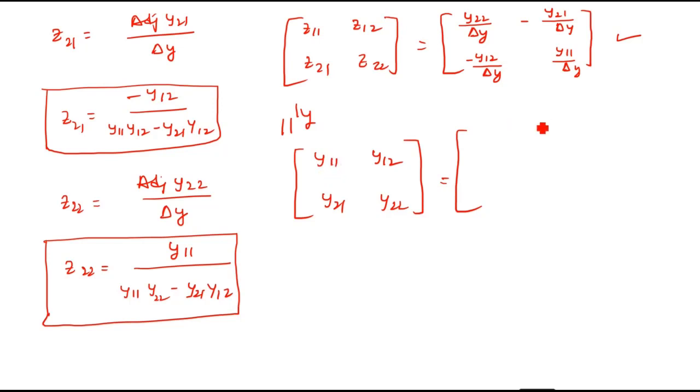The expression for Y11 is Z22 divided by determinant of Z. Y12 equals minus Z12 divided by determinant of Z. Y21 equals minus Z21 divided by determinant of Z. Y22 equals Z11 divided by determinant of Z. These are important relationships between Y and Z parameters.